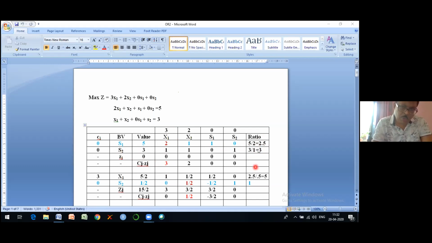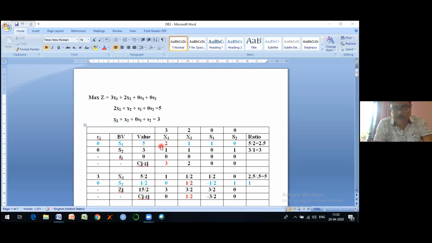Between these two ratios, whichever ratio is the lowest, which is 2.5, therefore this row will be the key row. This row will be the key row, right? And we have highlighted it with the green point. This is the key row, and this is the key column.